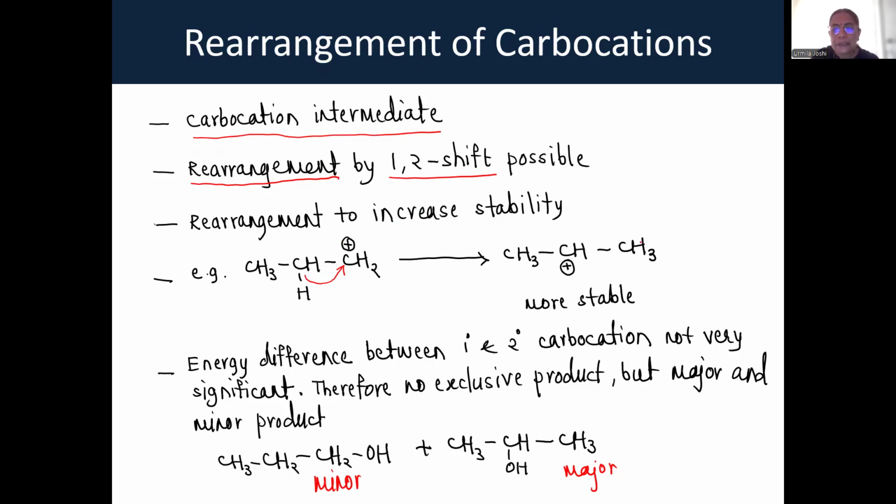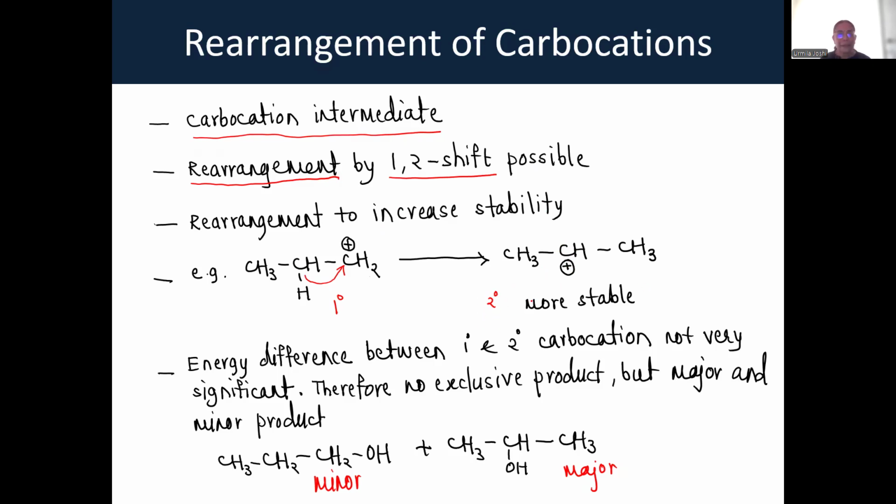Now what happens? This becomes CH3 and this carbon becomes electron deficient and therefore positive charge. As a result, a primary carbocation has rearranged to a more stable secondary carbocation.